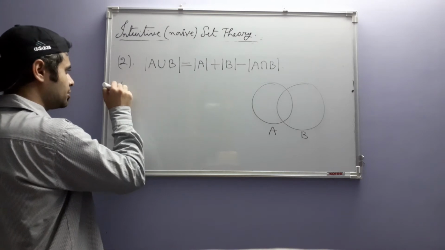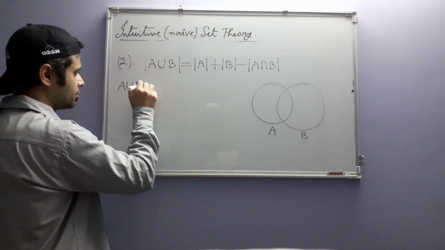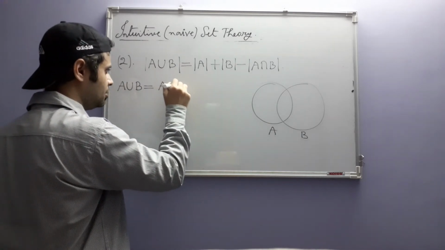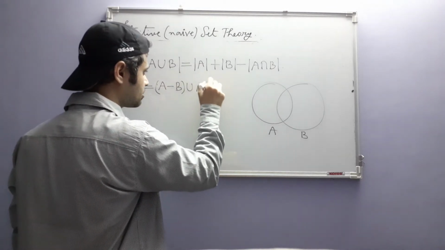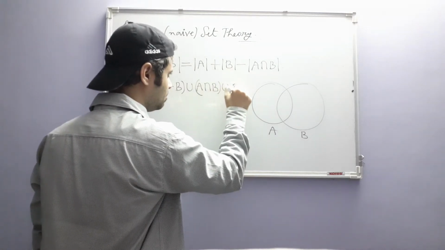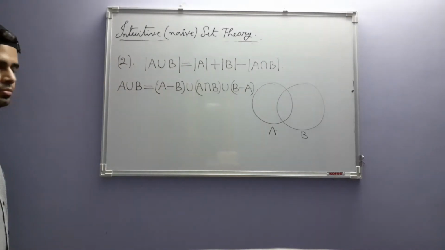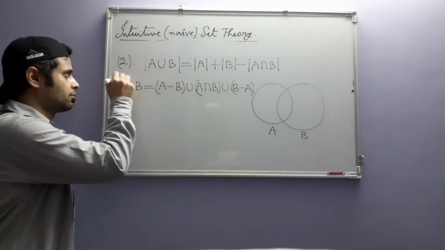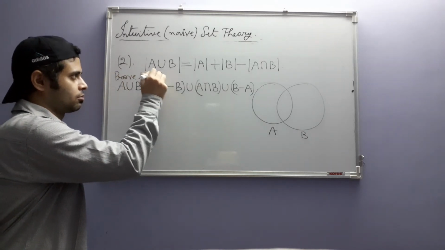A union B is equal to (A minus B) union (A intersection B) union (B minus A). This is one thing. Okay, so this is homework. Prove the following.